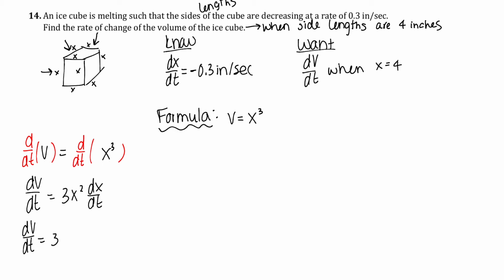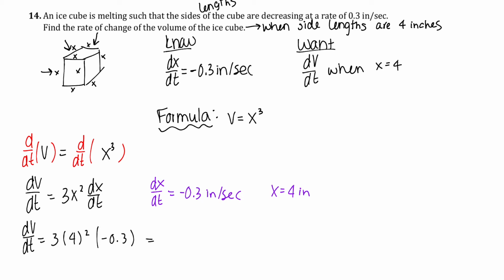So anyways, the information we have then, we have that dx/dt is equal to negative 0.3 inches per second, and we have that x is equal to 4 inches, and we can plug that in. So we have 4 squared, dx/dt is negative 0.3.